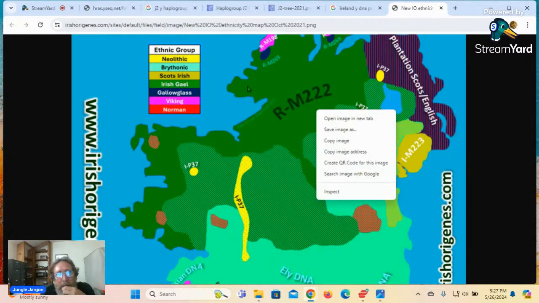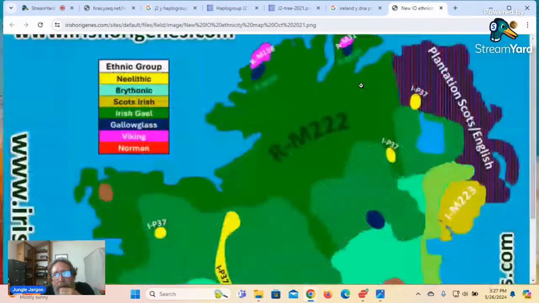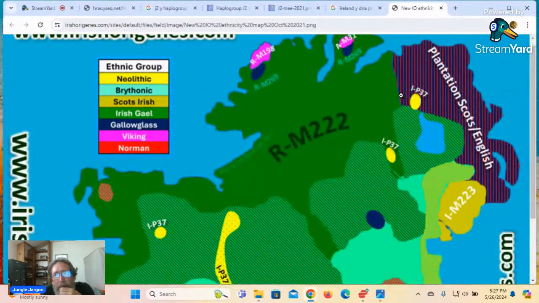Okay, these yellow ones are I. This is I-P37, P37, P37, P37. This is I-M223, which I think is I1, but it's another lineage of I1. It's not my lineage of I1. Oh, that's very interesting.